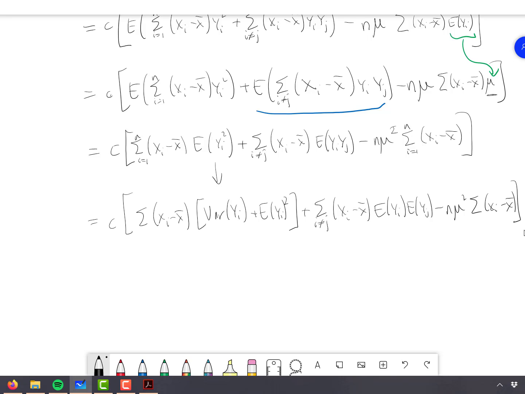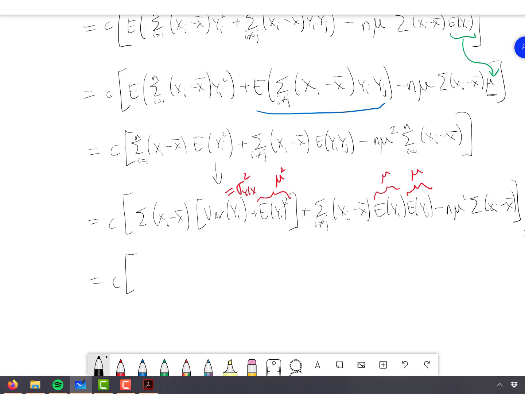Now we can apply some of these things that we also know. For example, we can note that the variance of yi is equal to that sigma squared y given x. Our expected value of yi squared will just be equal to mu squared. And each of our terms will just be equal to mu themselves as well, for the expected value of yi and the expected value of yj.